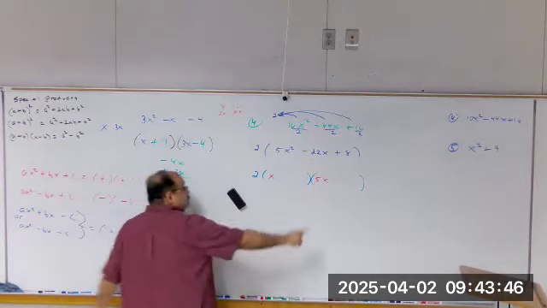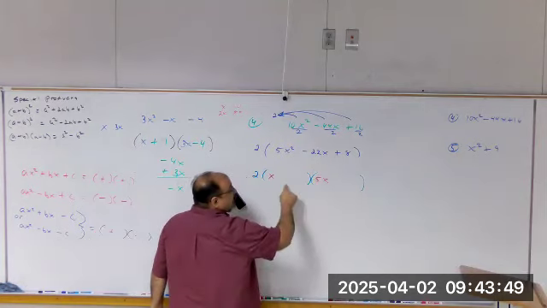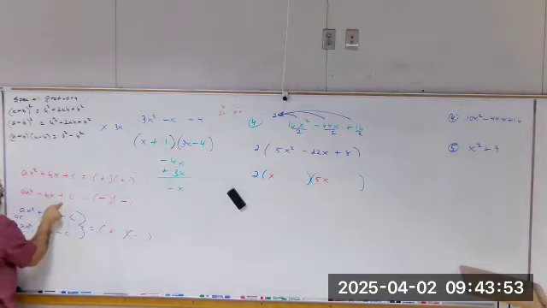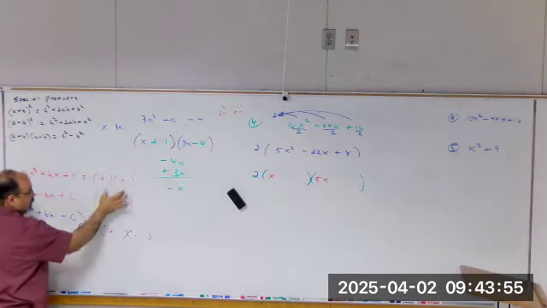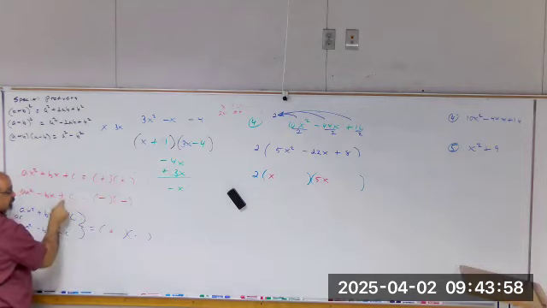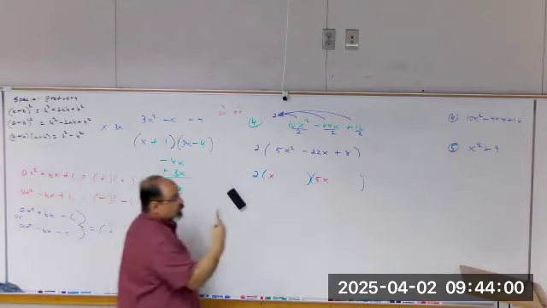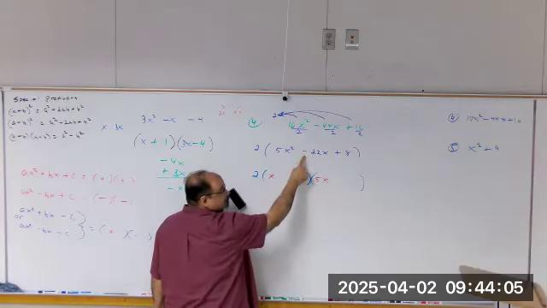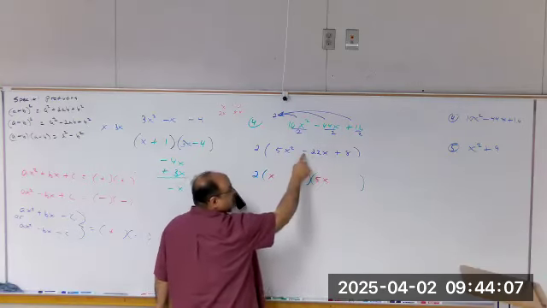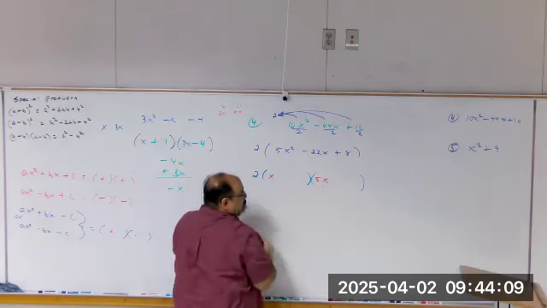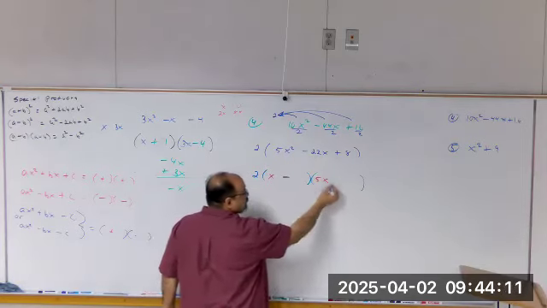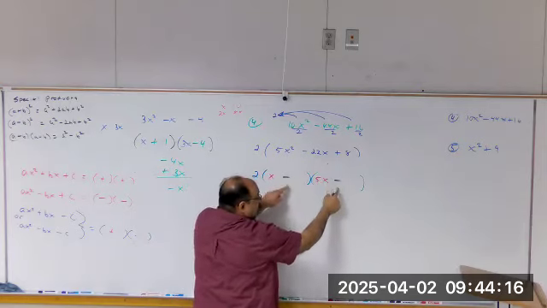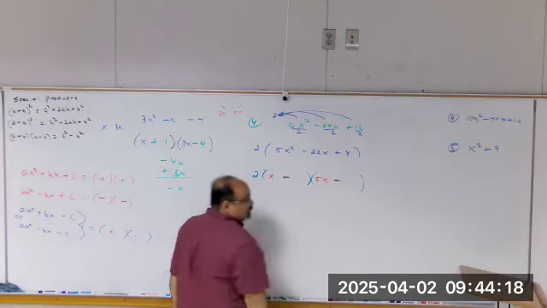The last sign is a positive. So the only way to get a positive, it's either positive times a positive, or we can get a negative times a negative and we get a positive. So there's 2 ways. If there's 2 ways, now you look in the middle. If this is a positive and the middle is negative, these 2 signs have to both be negative. A negative times a negative will make a positive, and the negatives in the middle are going to add up to a negative.